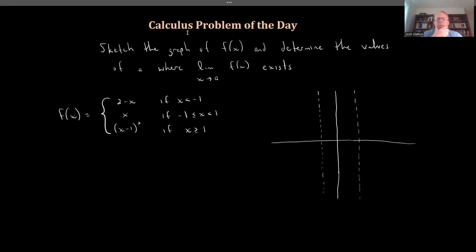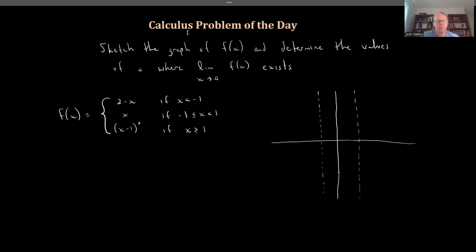Next step would be to figure out the value of the function as we're approaching this point, -1. In this case, -1 is defined in this middle part. -1 is not defined for the first part, but we do need to figure out what's happening as we get up to -1.